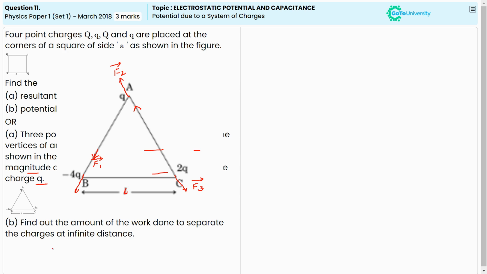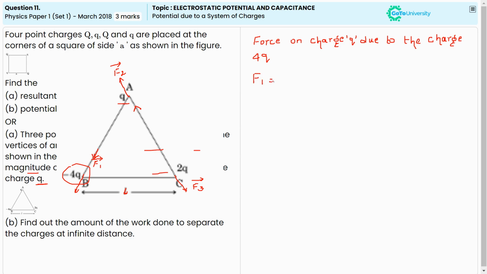Now we are going to find the force on charge Q due to the charge of 4Q. Then we can write it as F1, that is the force F1.